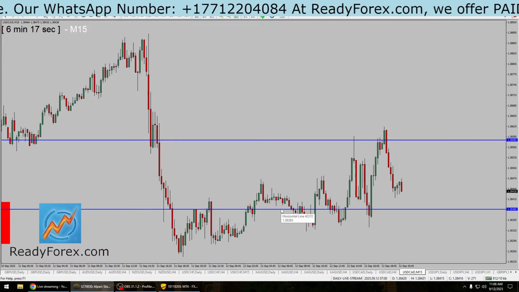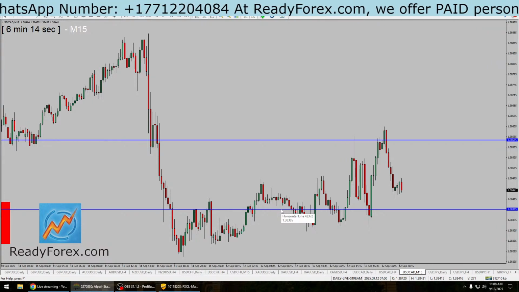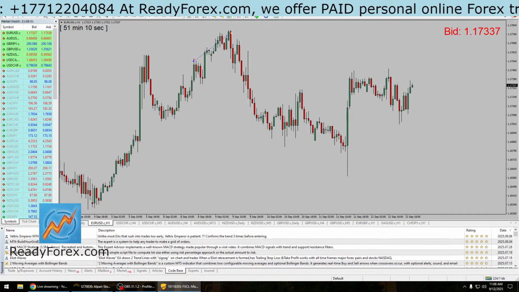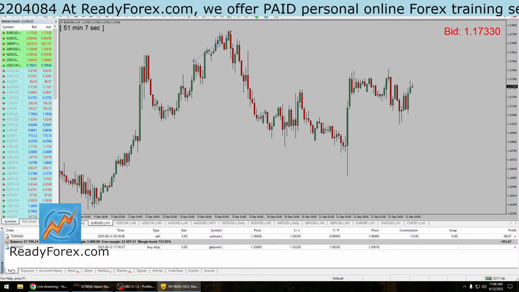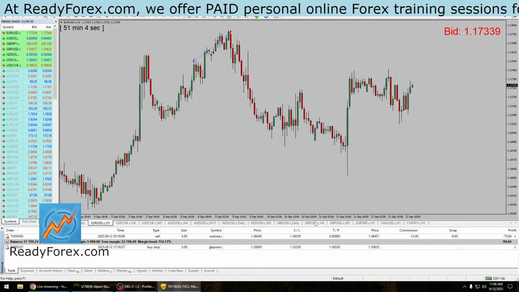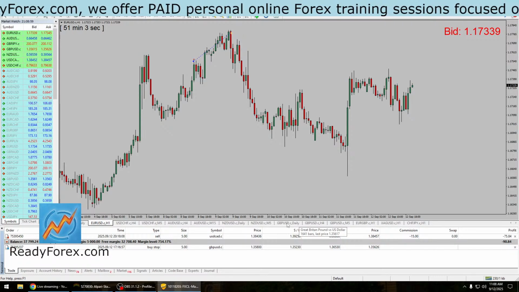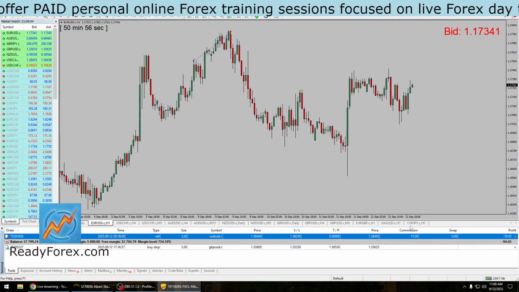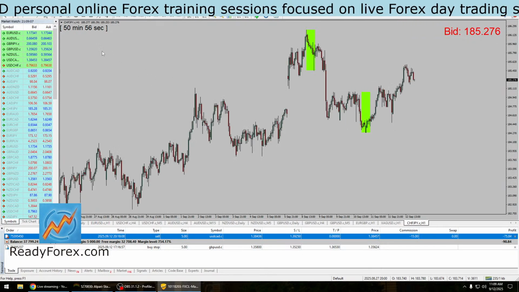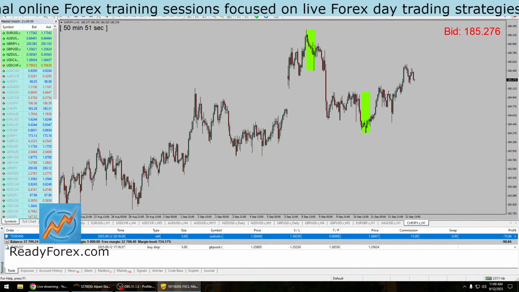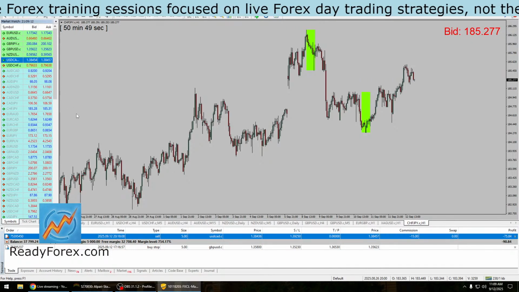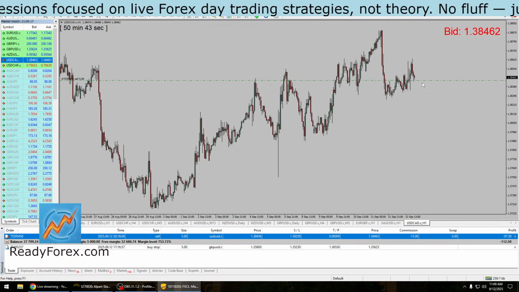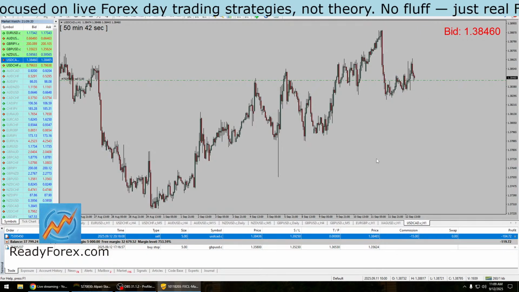The stop loss is a little bit big, but the target is also big as well. Let me see if I could show you. So here's the trade, USD CAD down over here. This one is the USD CAD sell. So here's the sell in USD CAD.